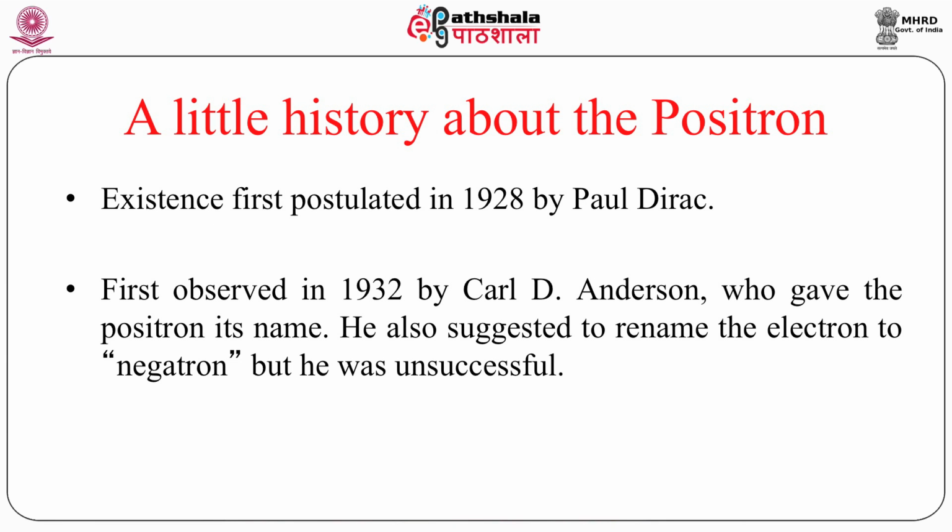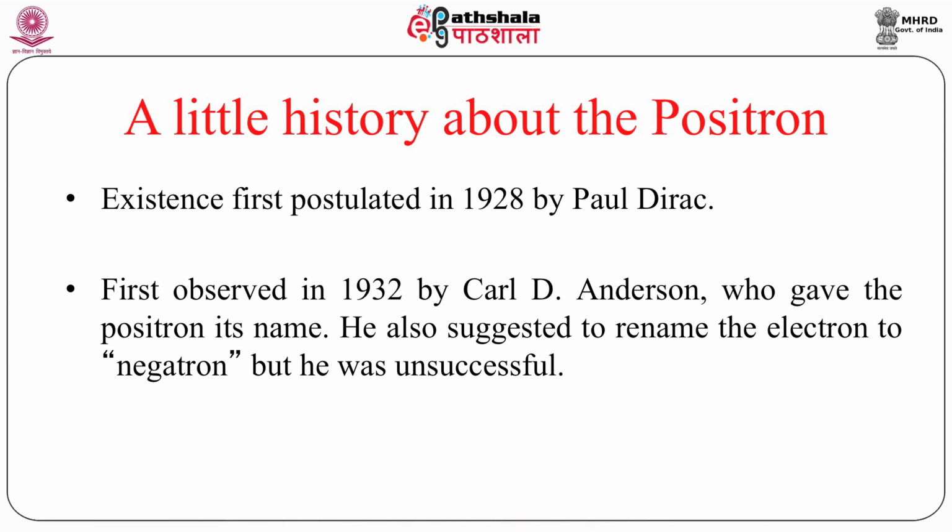If we look at a little history of the positron, its existence was first postulated in 1928 by Paul Dirac. He is the first person who gave us this theory. It was first observed in 1932 by Carl Anderson, who gave the positron its name.